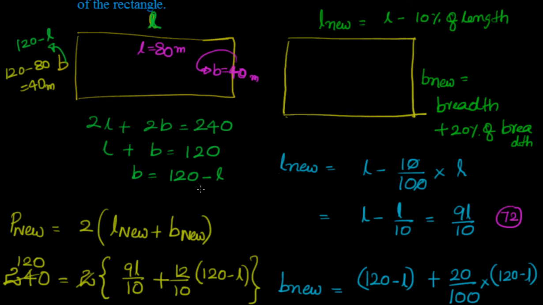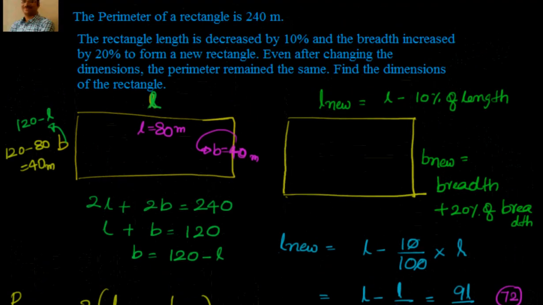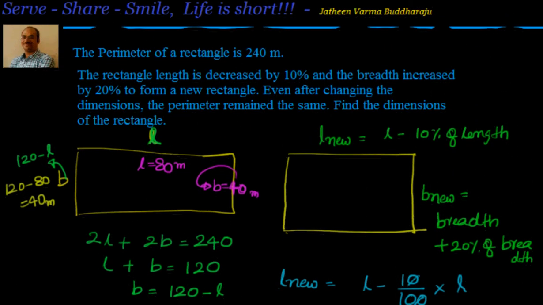Now once you are able to do that, you can apply the condition whatever they are saying, and substituting the condition you should be able to find out the value of L, because we are dealing with linear equations in one variable. Okay, so what we have done, we have represented both length and breadth in terms of L, that's nothing but L comma 120 minus L. After that we found the new length is nothing but length decreased by 10% and the new breadth is breadth increased by 20%.